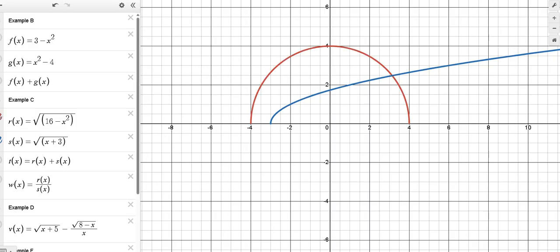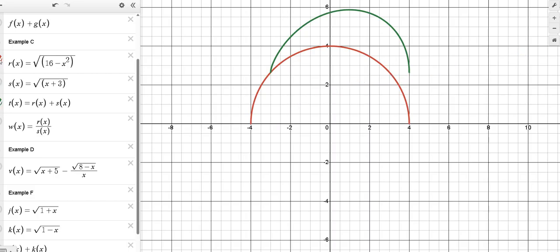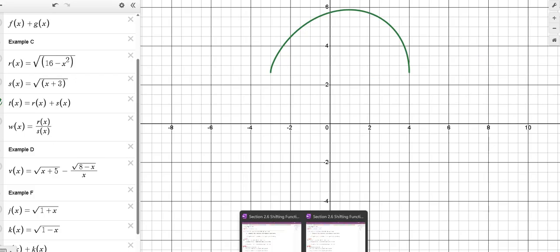Now, what they ask you for in this first example is, well, what's the domain of f plus g? Now, I use different names here, but here's that function. Is that defined from -4 to 4 anymore? Is it defined from -3 to infinity? No. Let's understand how and where this thing is actually defined.